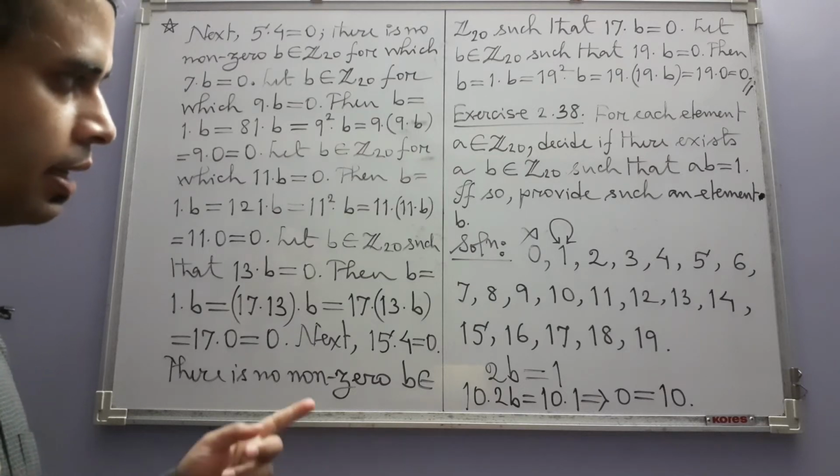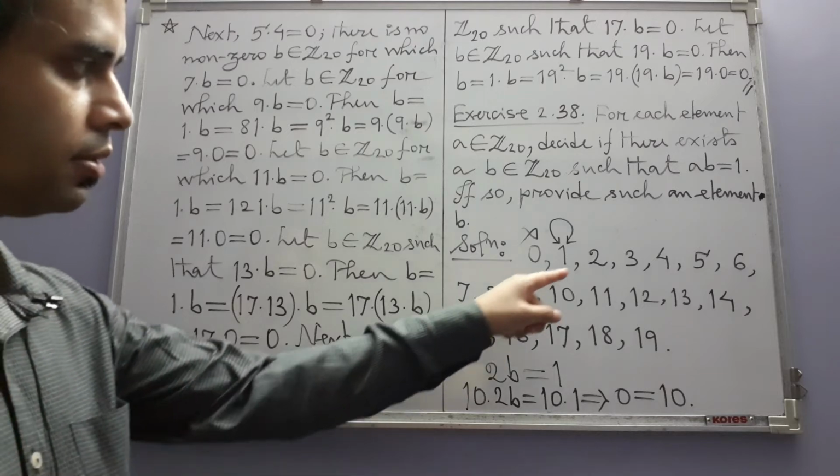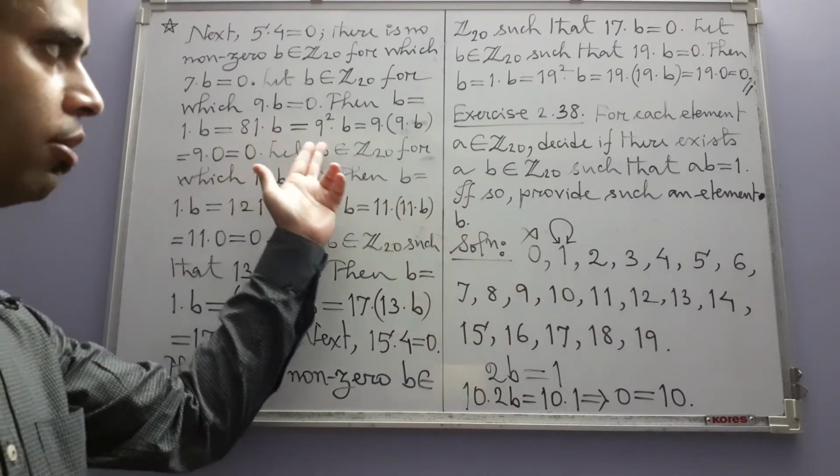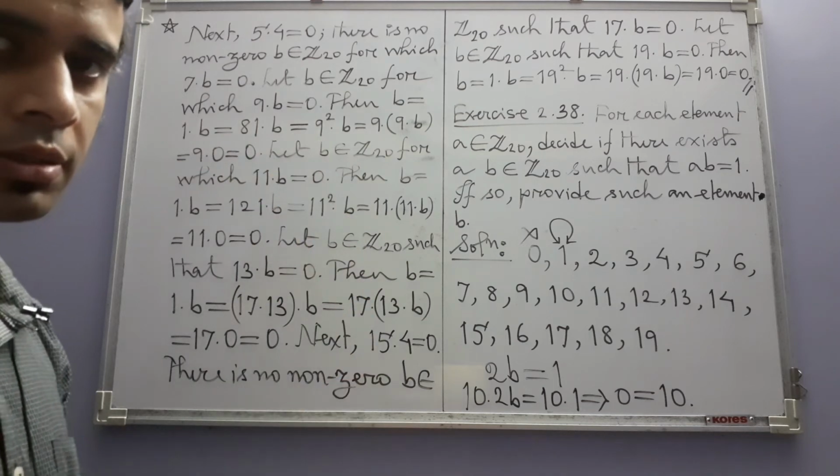And do you see that this is going to happen to all the elements for which previously we found non-zero B's such that the product is 0?